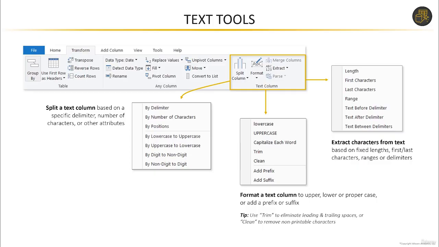So you may have noticed that some of the tools here are grayed out or inactive, like the merge columns or parse. And that brings up a really important point, which is that this toolbar is completely dynamic based on what you've selected. So if you've only selected a single column, the merge column options are irrelevant, so you can't even click them. You'd have to select multiple columns in order to activate that option.